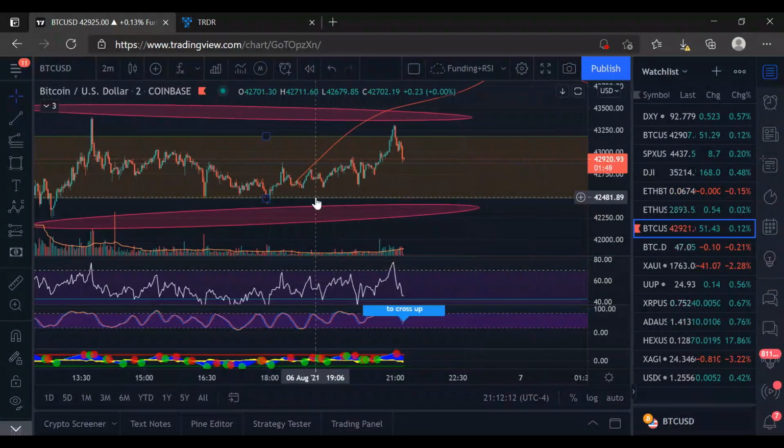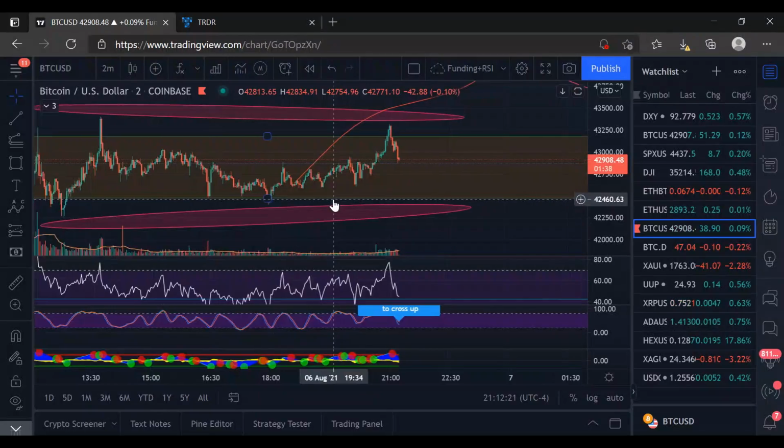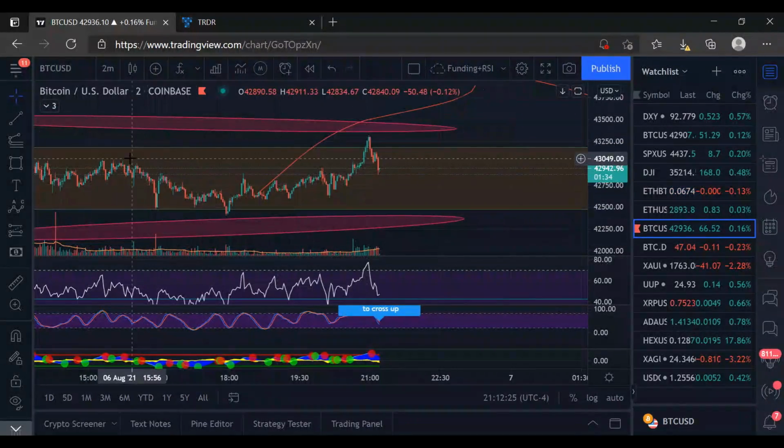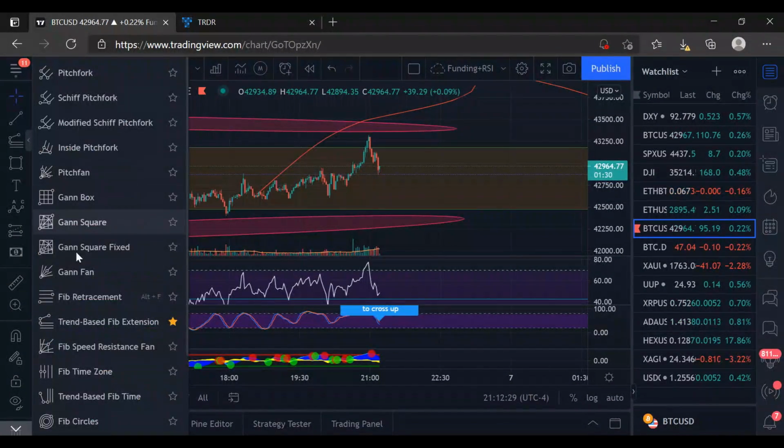Heck yeah. Coming down as a 3-wave into the daily open. Technically, that would be a long.